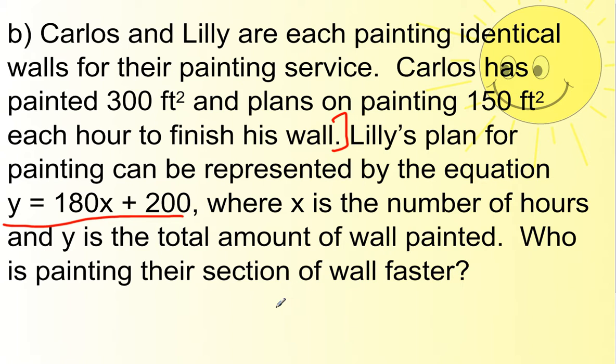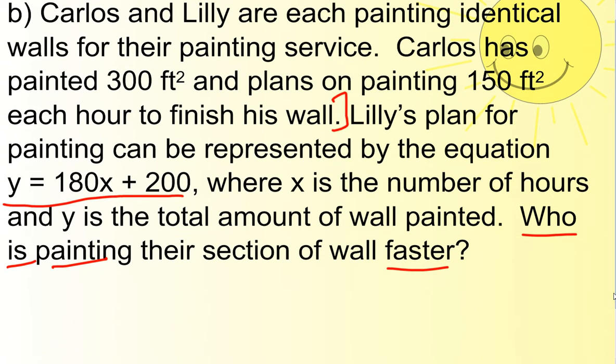Who is painting their section of wall faster? So when you're talking about the faster painter, you're talking about the rate of change, the rate at which they're working. So the key thing we're looking for here is our rate.